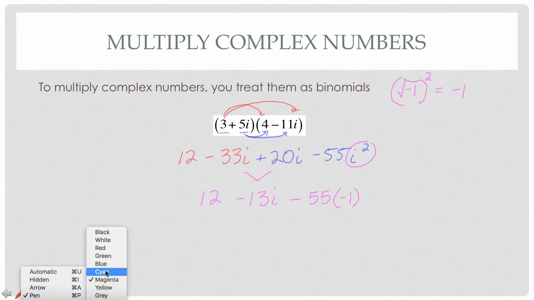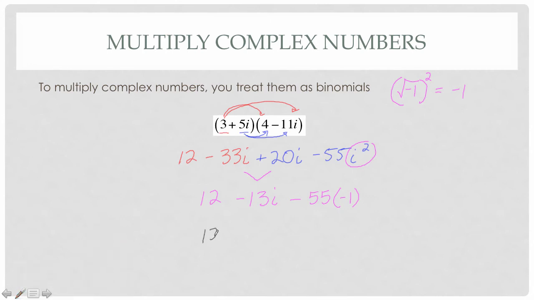Well, look at that. It just turned back into a real number again. So we now have 12 - 13i + 55 once I just multiply my negatives. But then 12 + 55 gives me 67 - 13i. And there we go. We just multiplied our two complex numbers together.